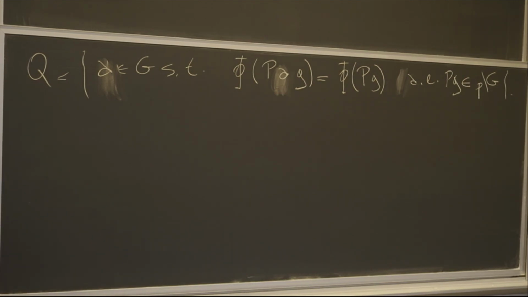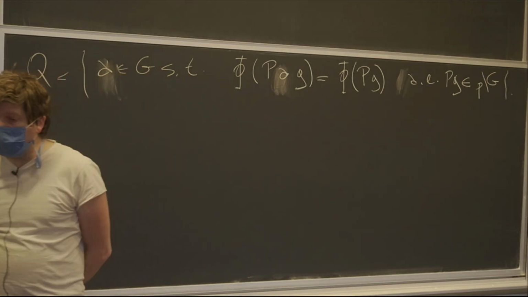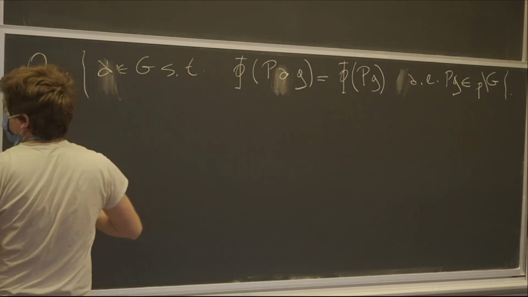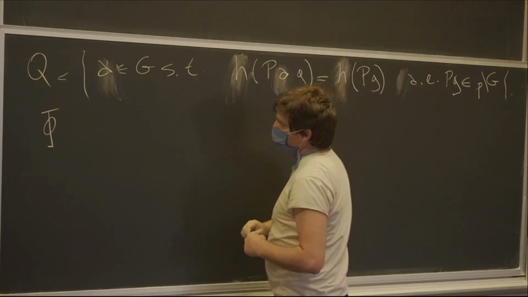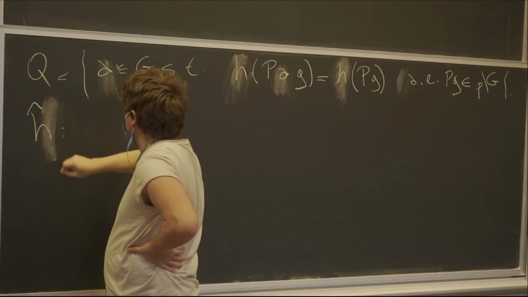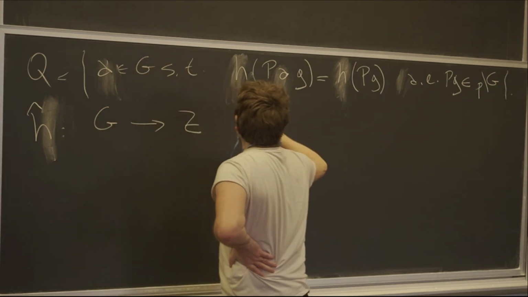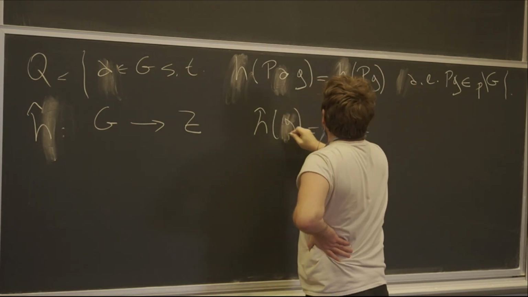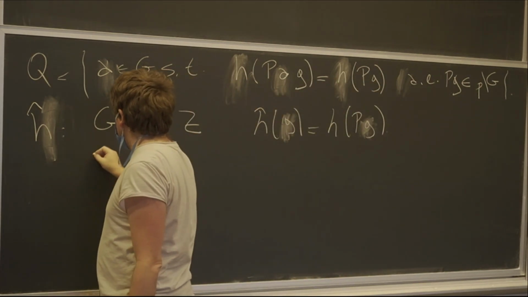Okay, so let me give you a second definition of Q that will be a little bit cleaner than this definition. So let me define phi. Oh, phi is H. Thanks. So H hat, let me define H hat from G into C, so the natural map H hat of g is H of P times g, of G. Okay, I'm just pushing it up.